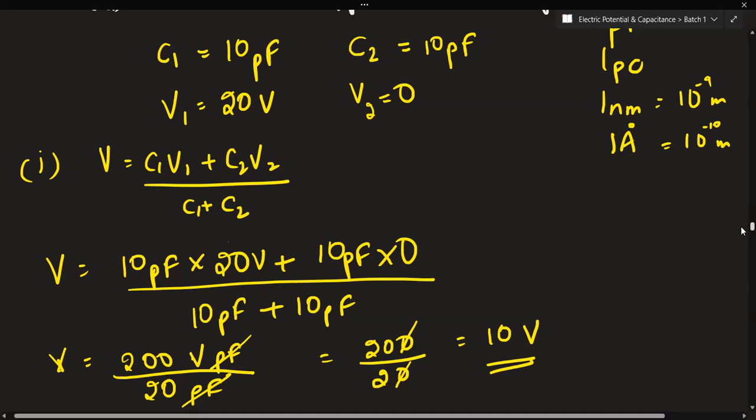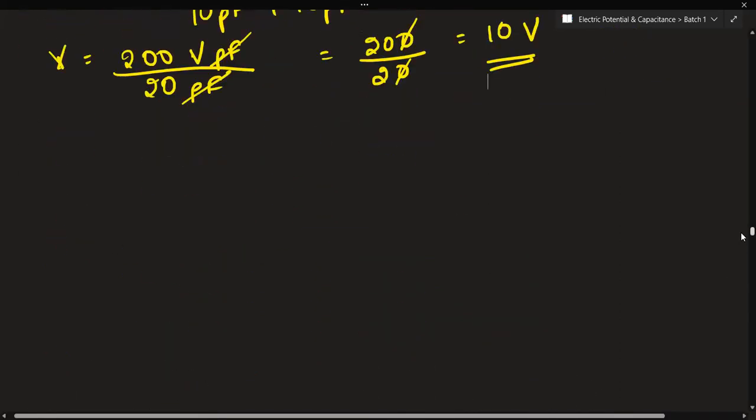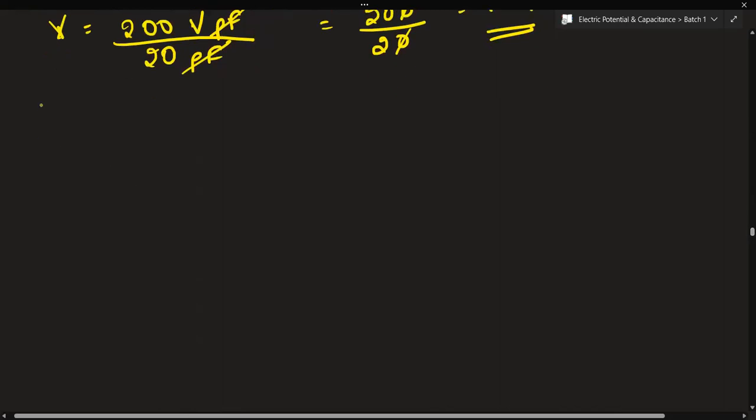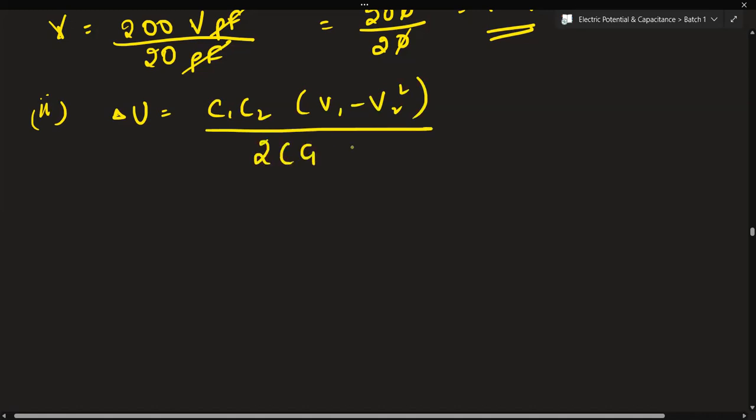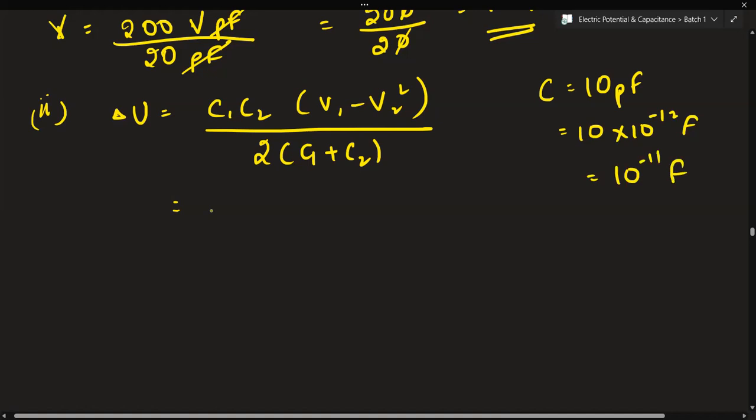Fine. Now, the second part says the calculation of energy. So, energy will be what? Loss of energy we have calculated. It was C1 C2 (V1 minus V2) whole square divided by 2 into (C1 plus C2). This was the formula. Now, if you put everything, let's just convert it right now, because right now we require the units. C is 10 picofarad, means 10 into 10 to the power minus 12 farad. That gives 10 to the power minus 11 farad. So 10 to the power minus 11 into 10 to the power minus 11.